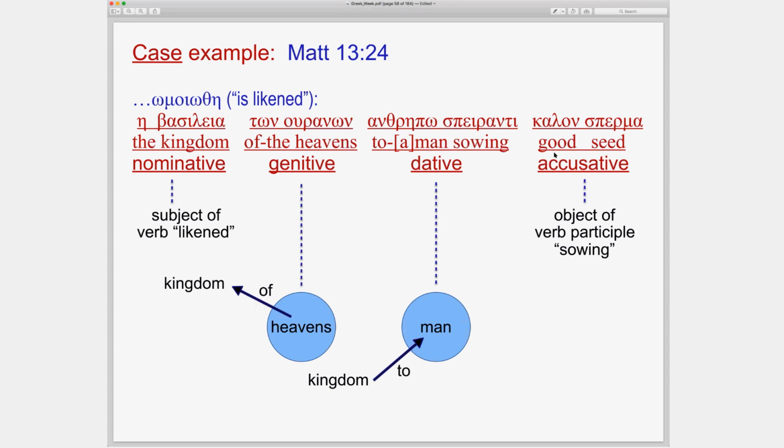Now, if we change these cases, it would change the meaning. For example, I could say the kingdom, dative case, to the heavens, in which case we're saying the kingdom to the heavens. Or if it was nominative, it would be the kingdom heavens, the heaven kingdom.